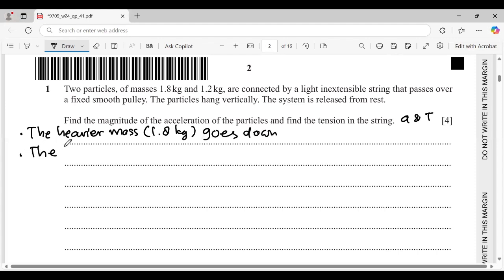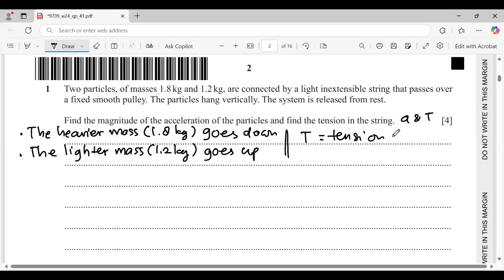Meanwhile, the lighter mass, 1.2 kilograms, goes up. And T is the tension in the string.